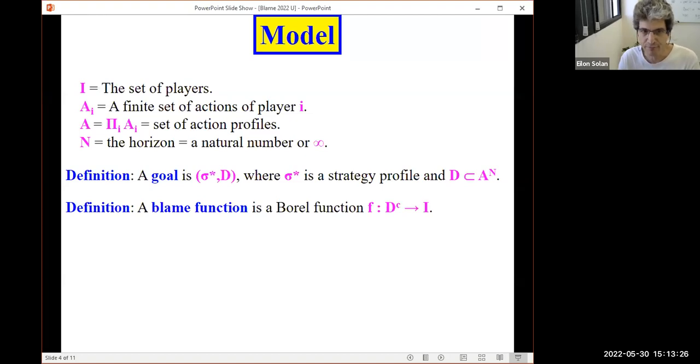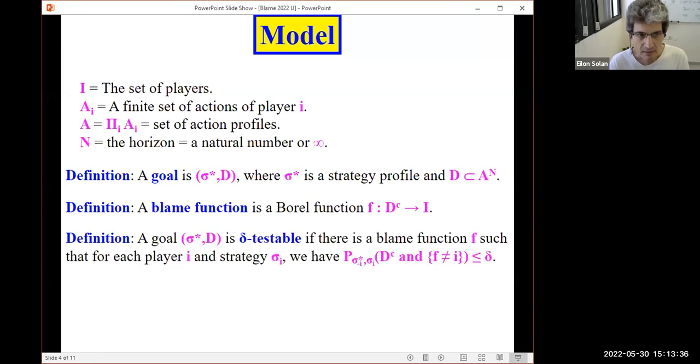This is f of the play, and we will proclaim the player f of the play as the deviator. And we say that a goal is delta testable, for some positive delta, if there is a blame function such that no player can, by deviating, cause us to blame an innocent, some player who is not him.